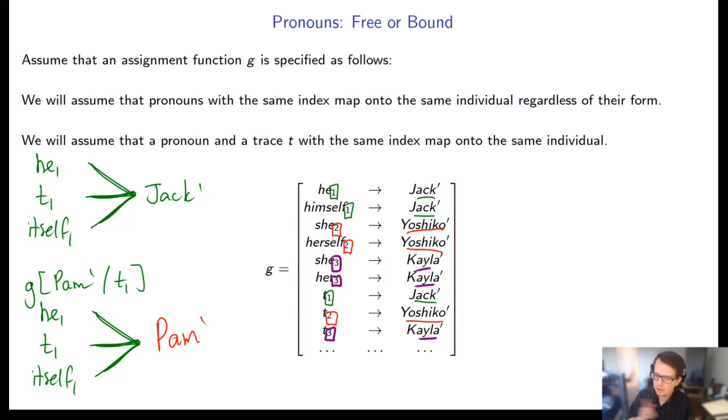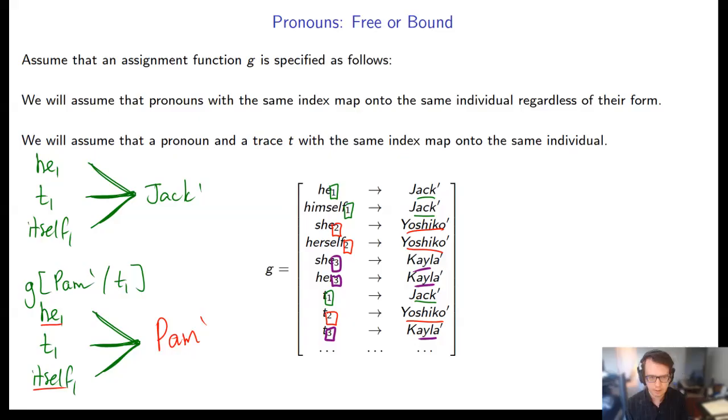Now, what you'll also notice with this is that sometimes the pronouns just don't work, according to stereotypical genders. So for instance, he and itself typically don't describe Pam. Pam would typically be a woman's name, so you'd hear she or herself or her.